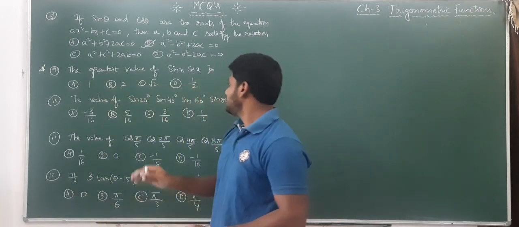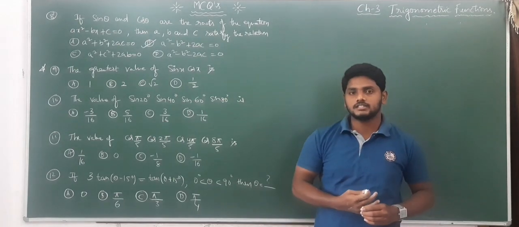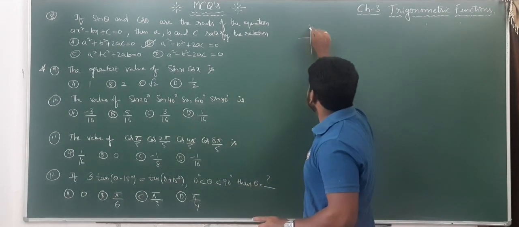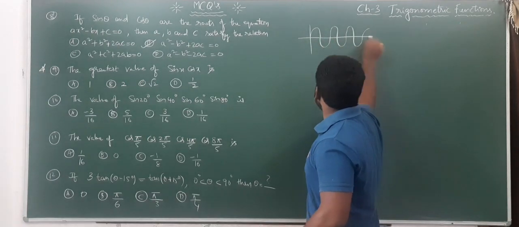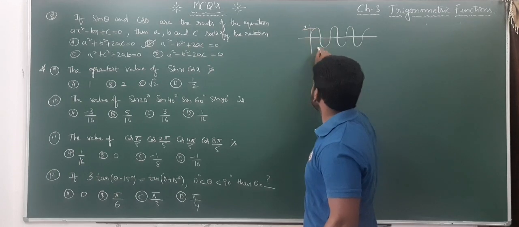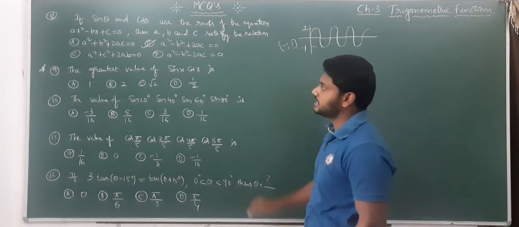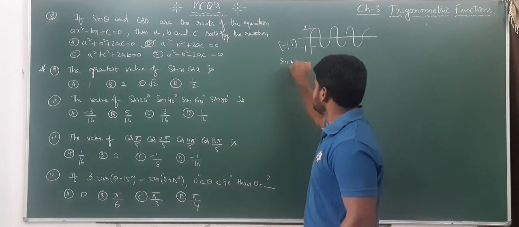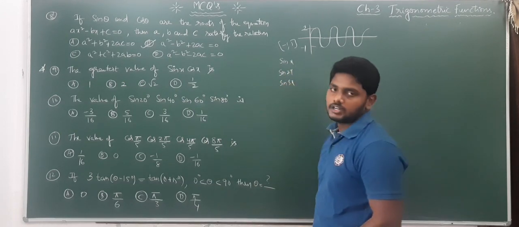First of all, tell me what was the range of sin x and what was the range of cos x. If you observe the graphs, the range of sin x is from minus 1 to 1. Nothing but minus 1 to 1 is the sine function graph. That sine function may be sin x, sin 2x, sin 3x, whatever it may be.